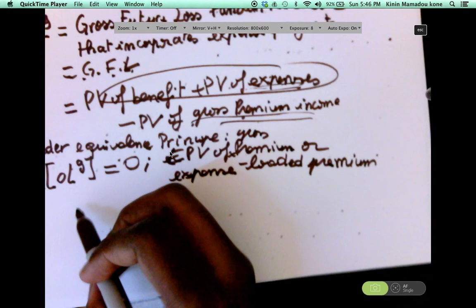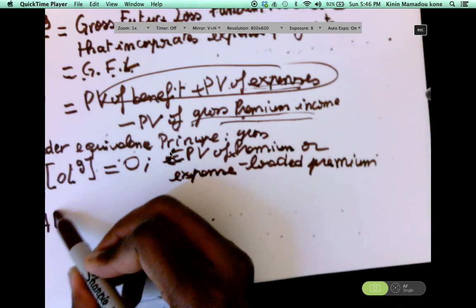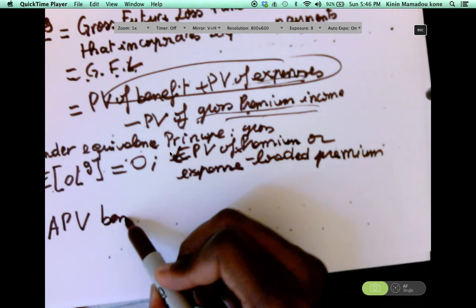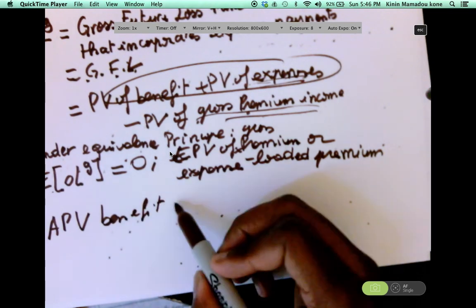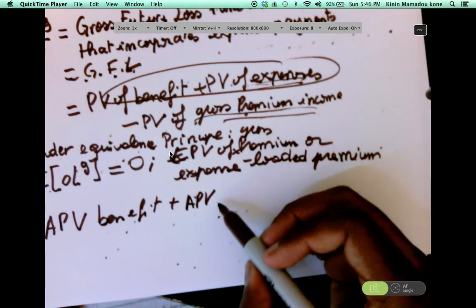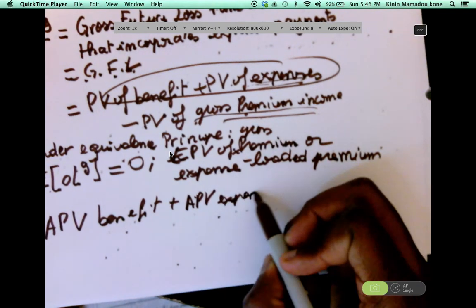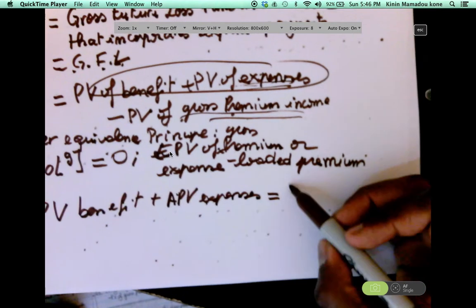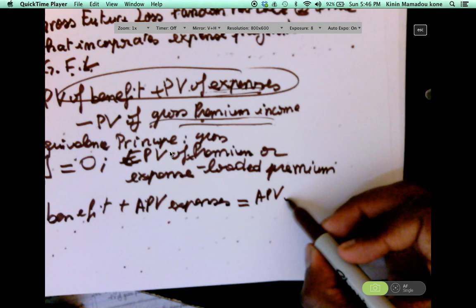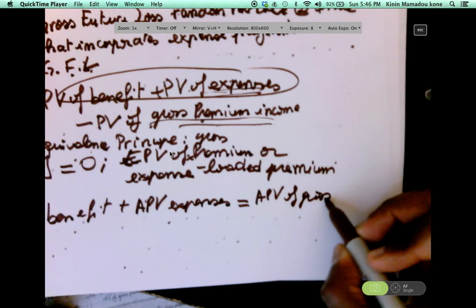In other words, the actual present value of the benefit plus everything that we spend, the actual present value of expenses, should be equal to all the money that we get, the actual present value of gross premium.